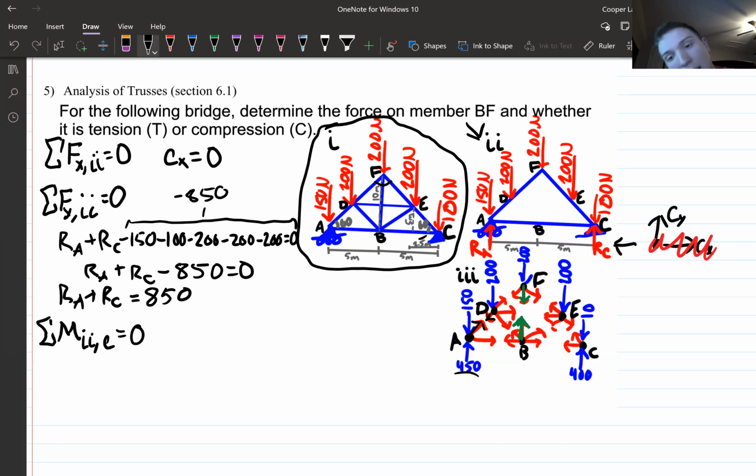So that means, and the way that this works too is, if it's creating a force that causes a counterclockwise rotation, that means that it'll be positive, while if it causes a clockwise rotation, it's going to be negative.